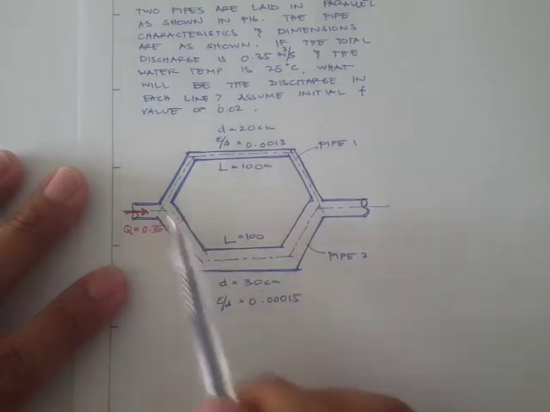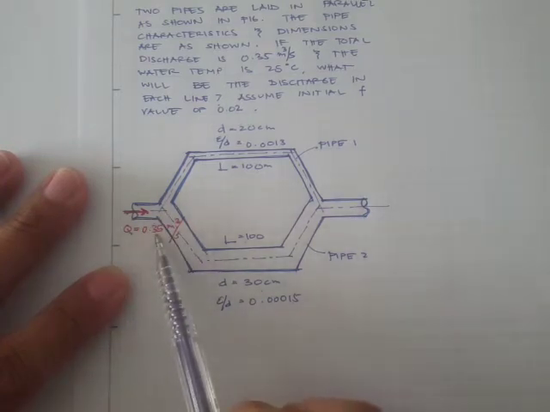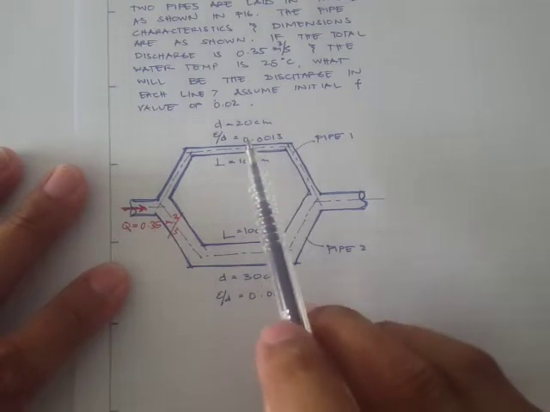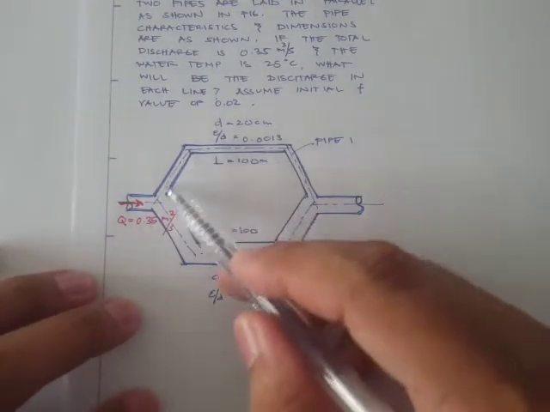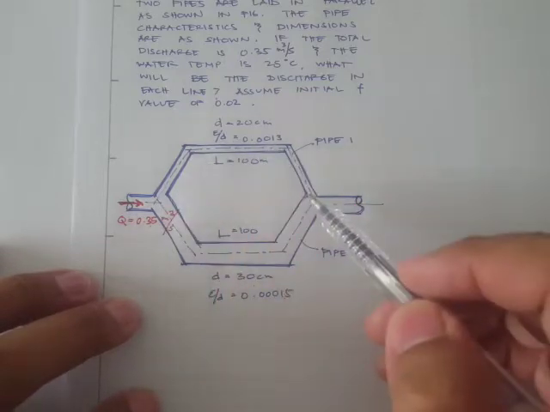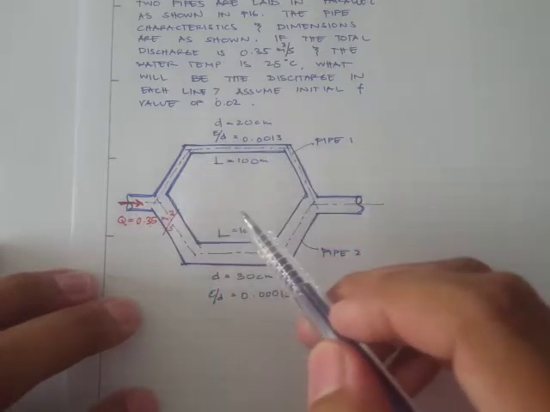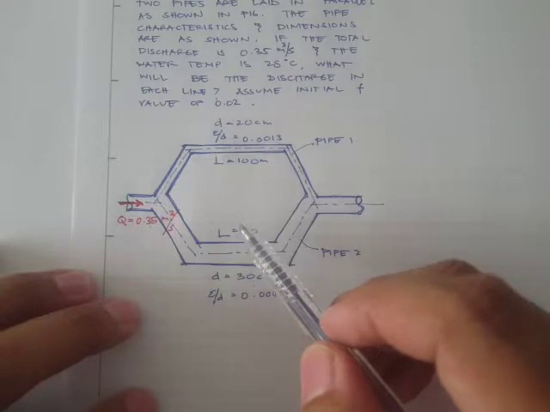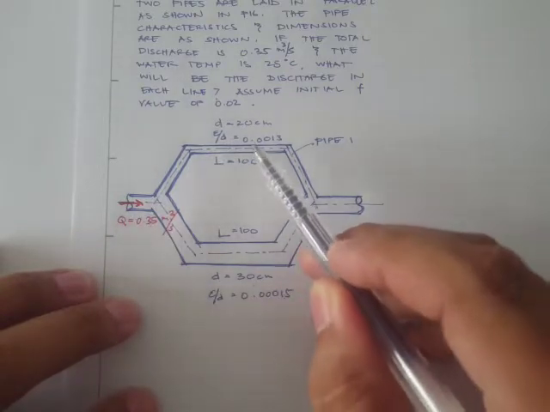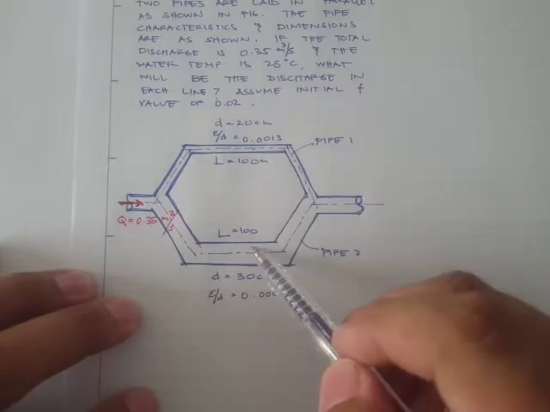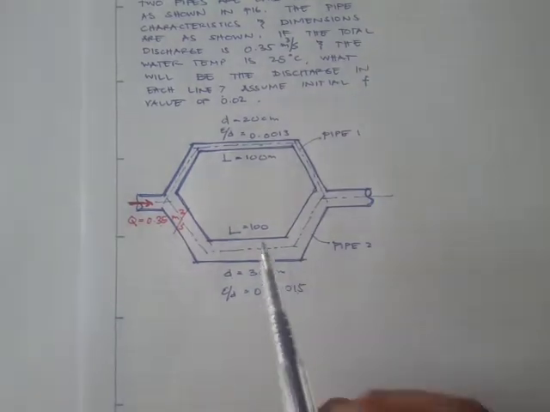Okay, so the total discharge is 0.35, but the problem asks us to find the discharge in each pipe, and we know that for a parallel connection the Q total is equal to the flow rate in this pipe 1 plus the flow rate in this pipe 2.